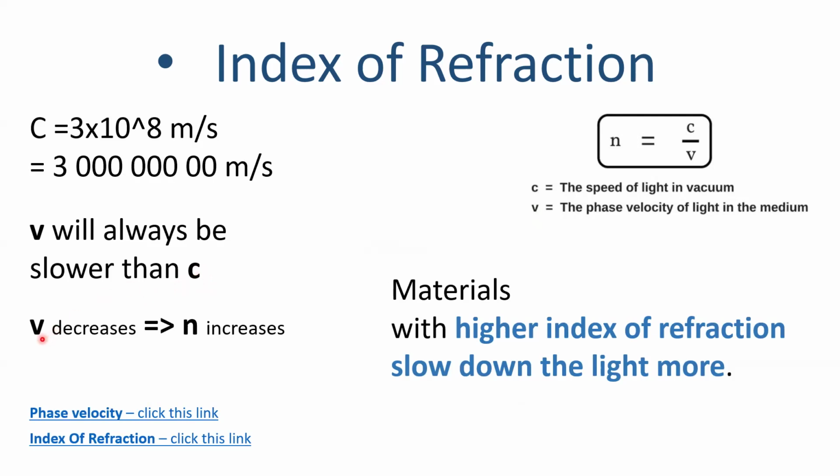So if the velocity in the medium decreases, which means the light travels slower through the medium, which means the medium is affecting the light more, then it has a greater index of refraction. Materials with higher index of refraction slow down the light more.